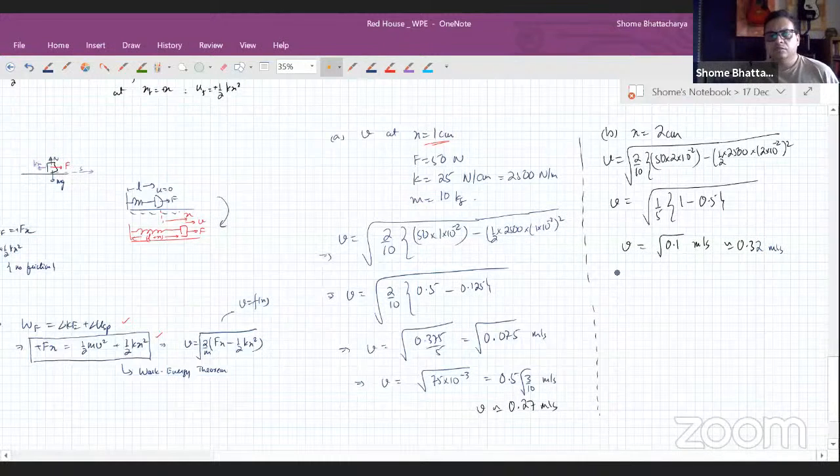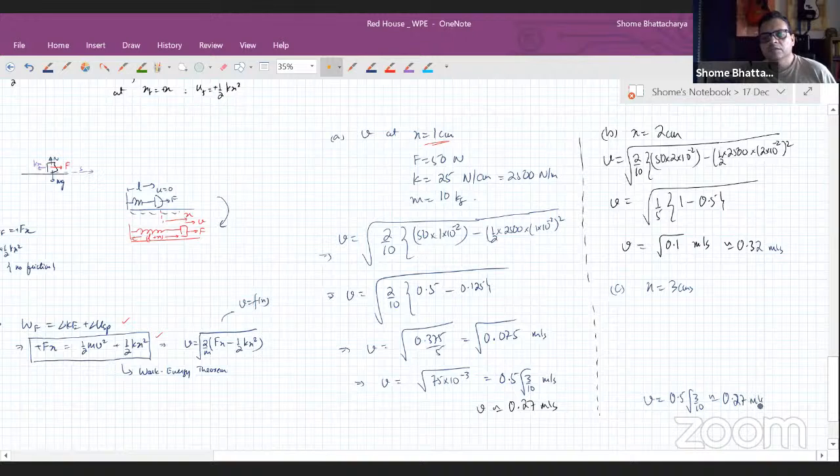Now, interestingly, when you calculate for x equal to 3 centimeters, we'll do the calculation, but it will come back to the same value, 0.5 root 3 by 10, or approximately 0.27 meters per second.